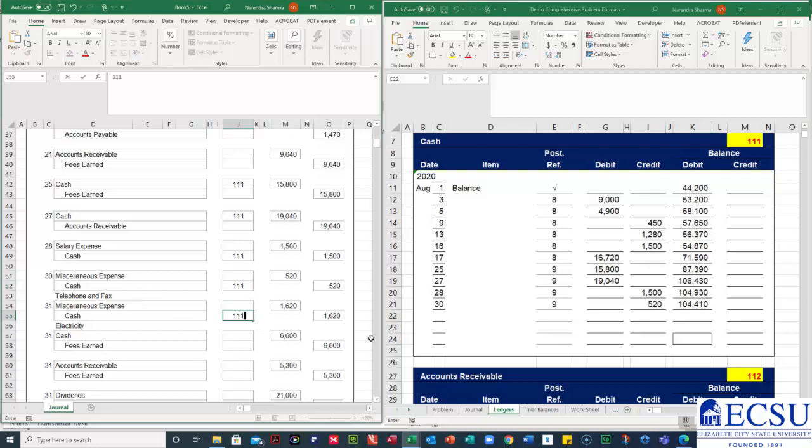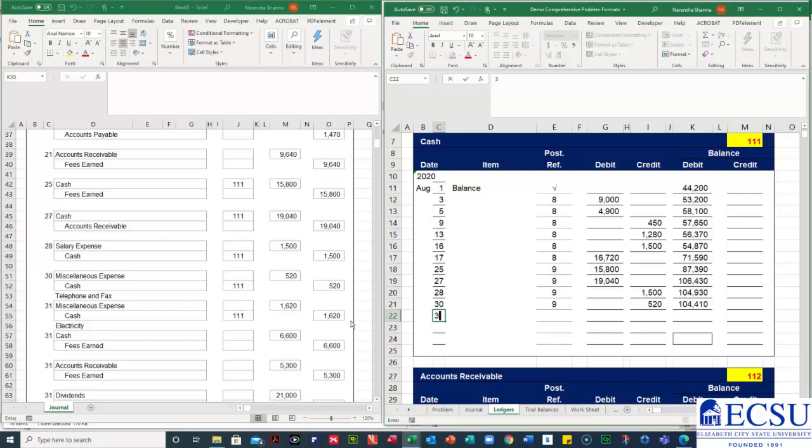Now another 111. Which date is this? This is 31st, and page number 9 of the journal, a credit of 1,620. So that will reduce my balance. So this minus this, okay, 102,790.